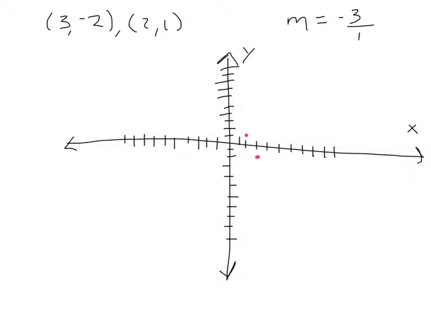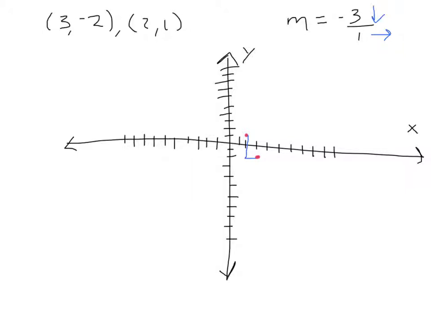Alright, how are we using the slope? Well, if you look at the graph, we know the slope is -3 over 1, which means we're going down 3 and we're going right 1. So from here down 1, 2, 3, right 1. That's how we got to our first point.